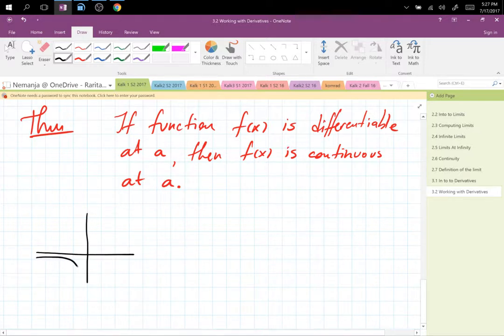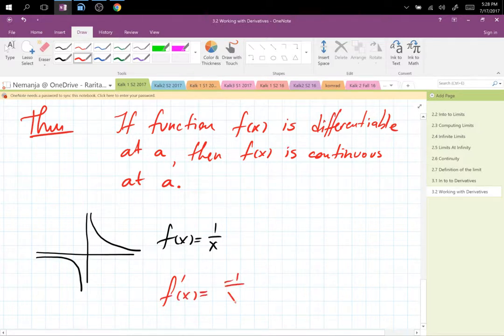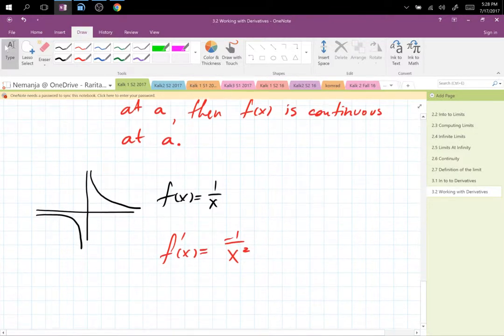So 1 over x looks like this, and we see the vertical asymptote at 0. So this is f of x equals 1 over x. Now, its derivative, I will tell you now because we don't know that yet, is negative 1 over x squared. Now, if you look at that graph, it looks like this.